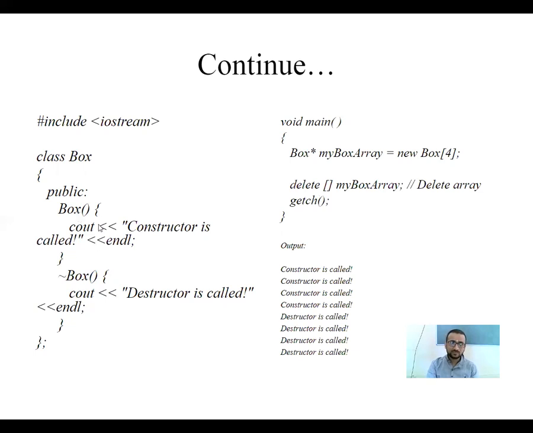That constructor prints the message that the constructor is called, and we have one destructor, that is ~Box, and that displays the message that the destructor is called.